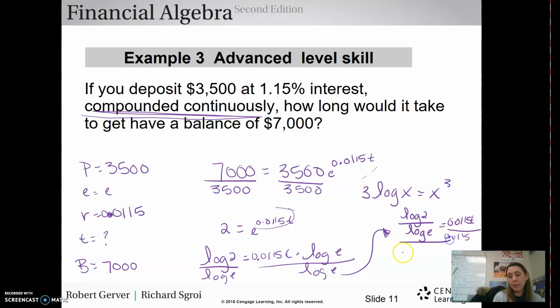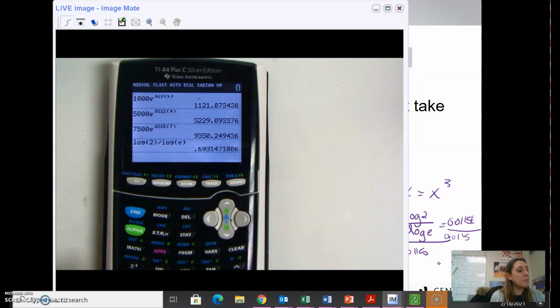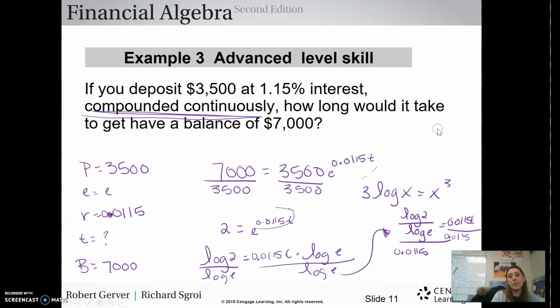That becomes a 1, but then we're going to divide this by 0.0115, and if we do that in our calculator, we end up with that answer divided by 0.0115, and we get t is equal to 60.3 years. So it's going to be 60.3 years if we were to compound continuously this amount of money at this interest rate to double our money to get to 7,000.